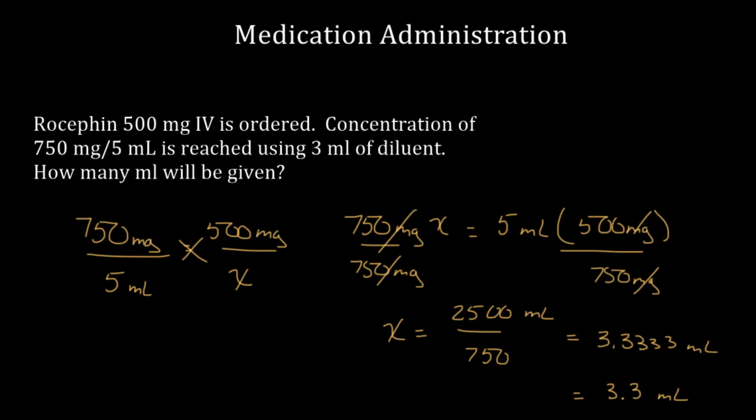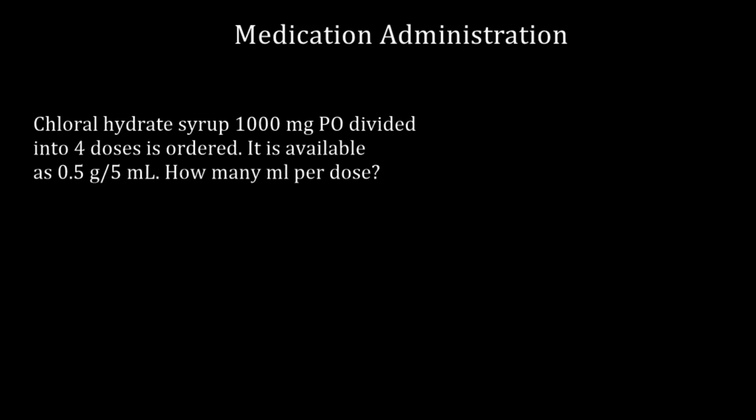Now let's take a look at another example. Chloral hydrate syrup, 1,000 milligrams PO divided into 4 doses, is ordered. It is available as 0.5 grams per 5 milliliters. How many milliliters per dose?